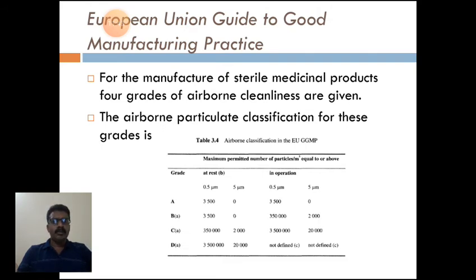So, coming to this European Union Guide to Good Manufacturing Practice, for the manufacture of sterile medicinal products, four grades of airborne cleanliness are given. The airborne particulate classification for these grades are grade A, B, C, D. The maximum permitted number of particles equal to or above a given size are given as per the table.